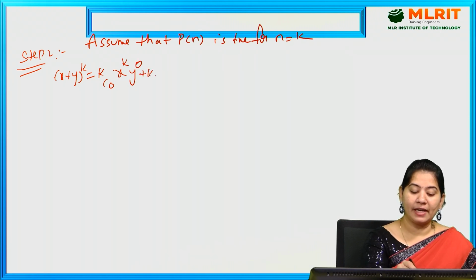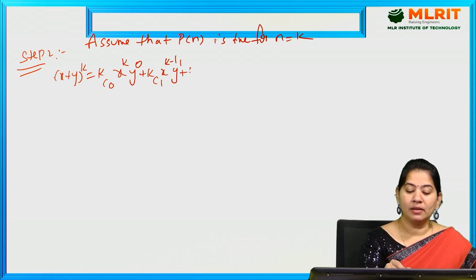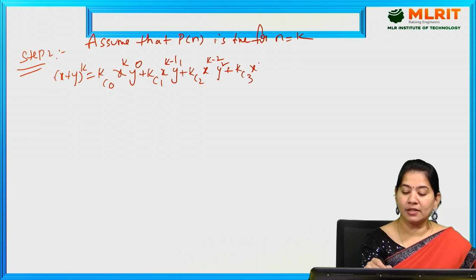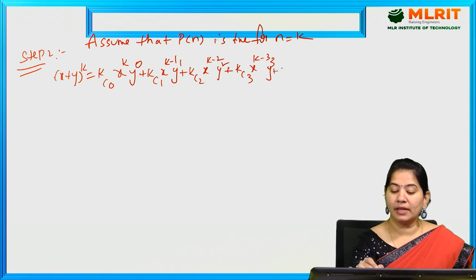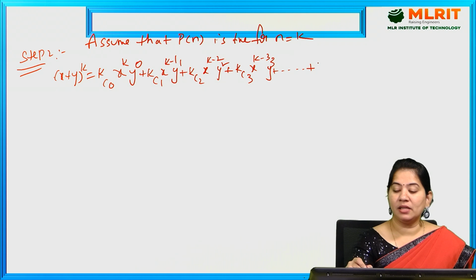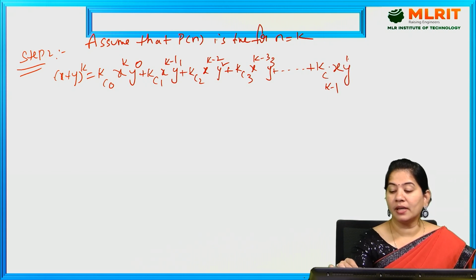Next we will have kC1 x power k minus 1 into y power 1. And here kC2 into x power k minus 2 into y power 2 plus kC3 into x power k minus 3 into y cube, and so on. So nC(n minus 1), here kC(k minus 1) into x into y power k minus 1.